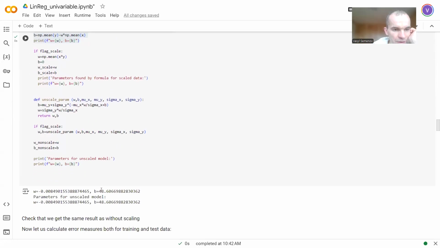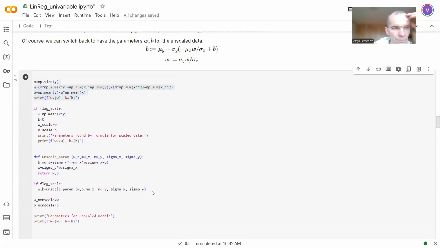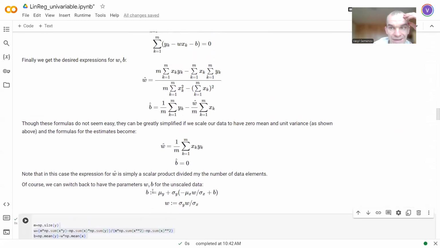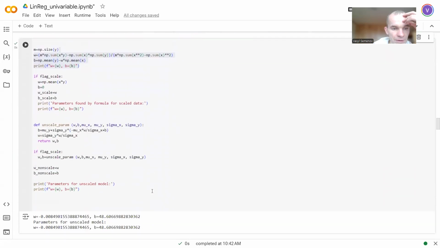The answer that we get is minus 0.008 and 48.6. So we perform this calculation using scaled data and then return to the parameters W and B for the unscaled data.